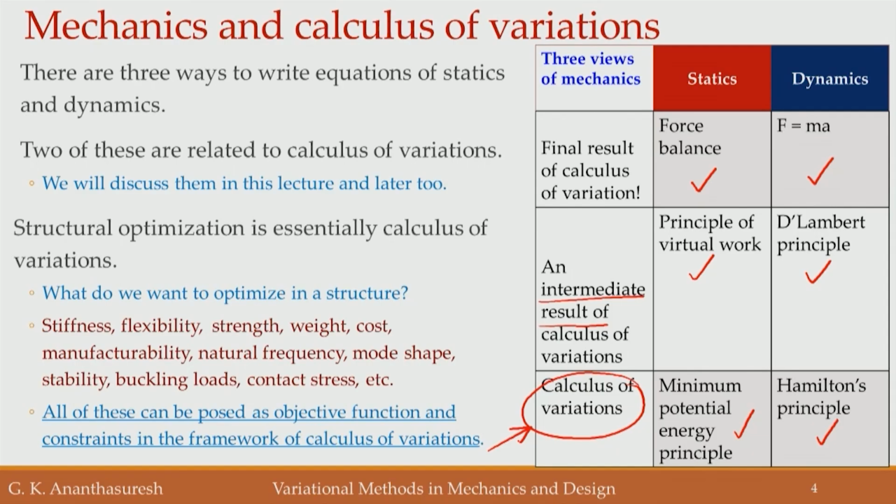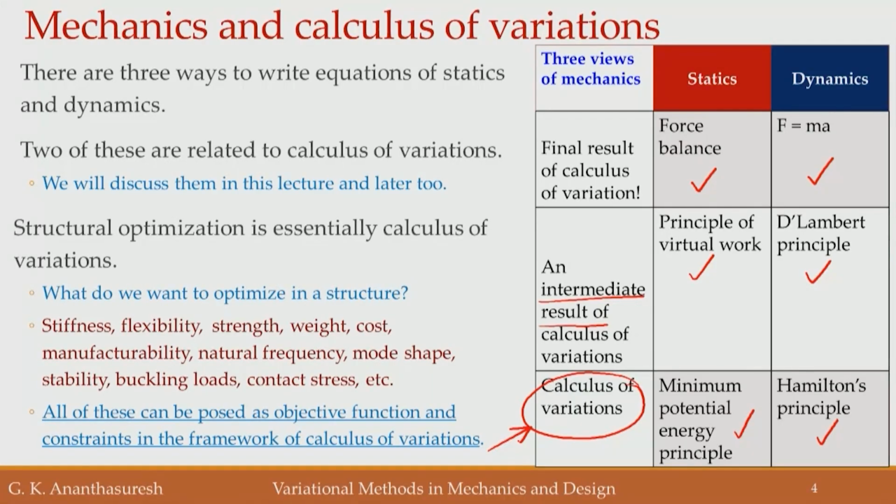Okay. And when it comes to structural design or structural optimization, those problems are naturally calculus of variations problems, and when we look at the unknowns, it could be the shape of a particular surface or a boundary, or the topology of a structure, or the size profile variation of a structure, and so forth. Those are all the design variables or optimization variables.